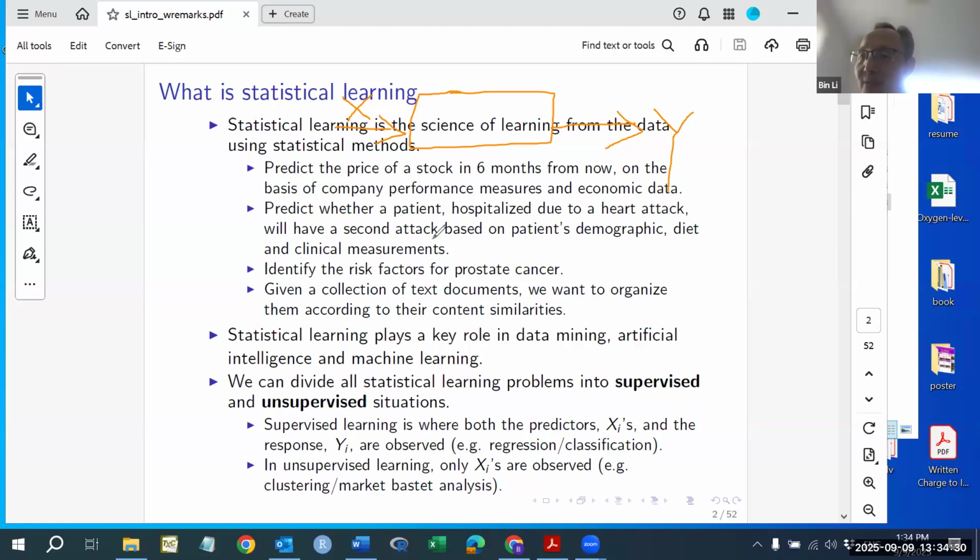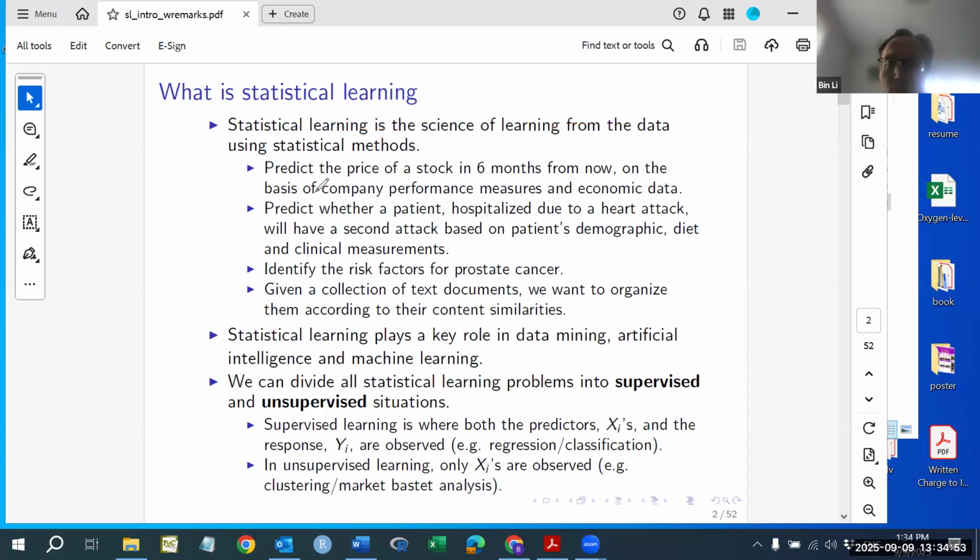And so that's the biggest difference. Okay, and we will talk about this point later also. But here in our course, we will talk about both the statistical approach as well as the machine learning approach.